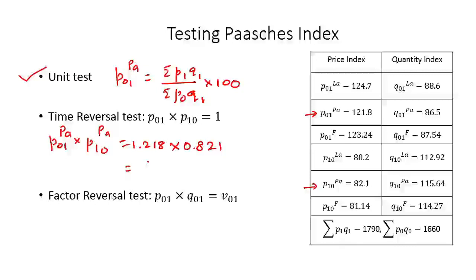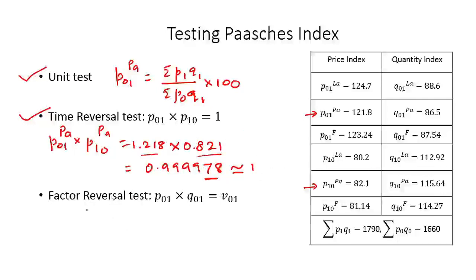If we multiply this, it comes to 0.999978, approximately equal to 1. So the time reversal test is satisfied. This error is because of the rounding of the values we had considered earlier. If you take more digits, it will come closer to 1.